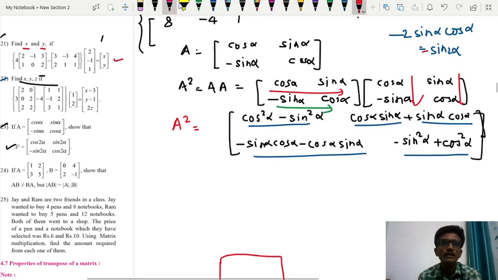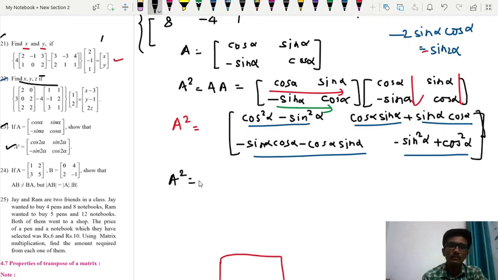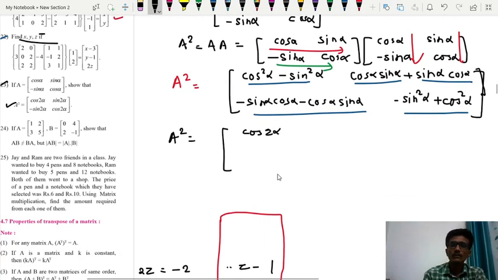So let's write here A square is equal to what? Cos square alpha minus sin square alpha, it is cos of 2 alpha, and 2 times sin alpha cos alpha, so it is sin of 2 alpha.